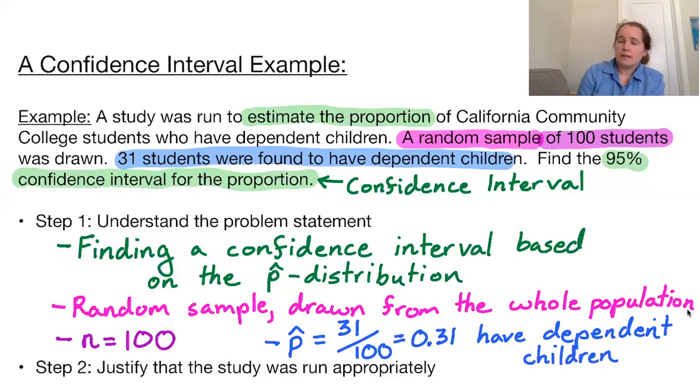And I just realized I forgot one key piece of information to denote. It's a 95% confidence interval. We will actually have a few others that we find. So this is just pulling the relevant information from the problem, the important information, and identifying what type of problem we are running.